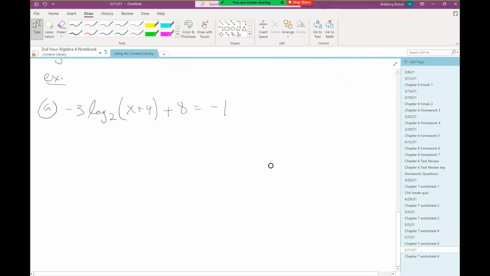One situation here is where we have just one logarithm in the problem.